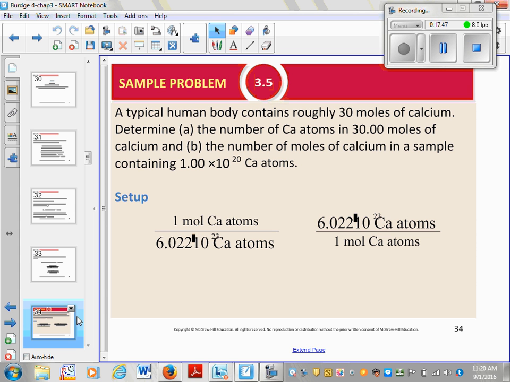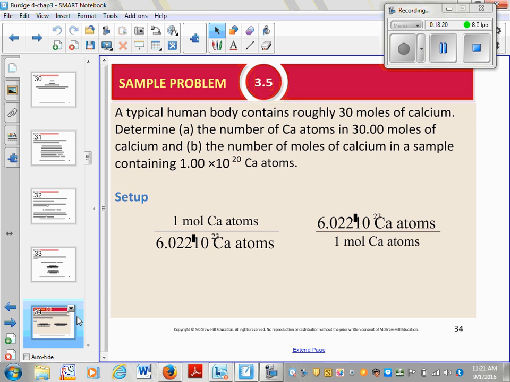So we're going to multiply it by some conversion factor. Remember, we want to get rid of the moles, so the moles have to go on the bottom of the conversion factor. On the top, we'll put calcium atoms. So 1 mole contains how many calcium atoms? 6.022 times 10 to the 23rd. So now we have everything.